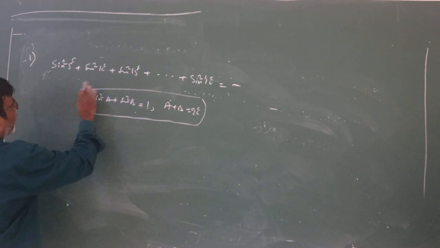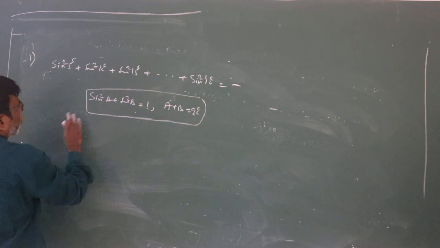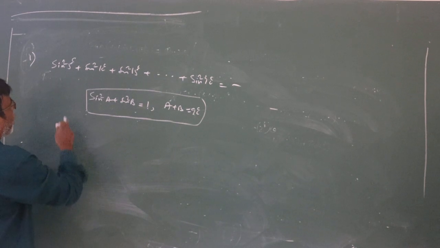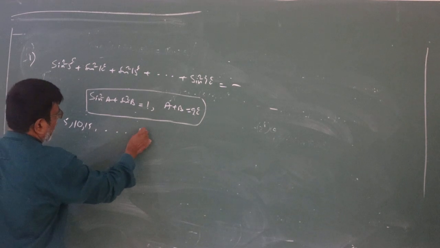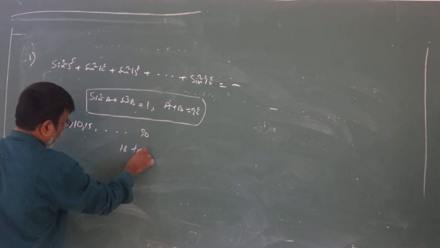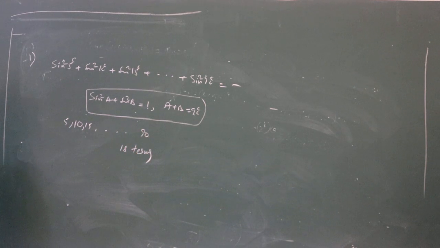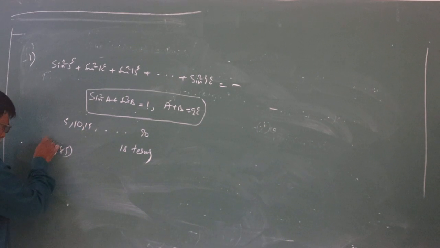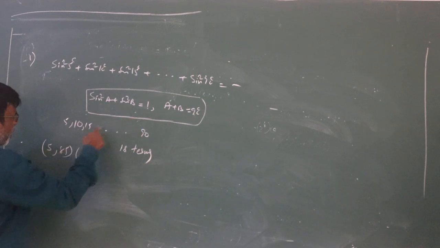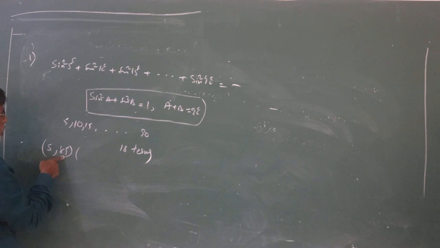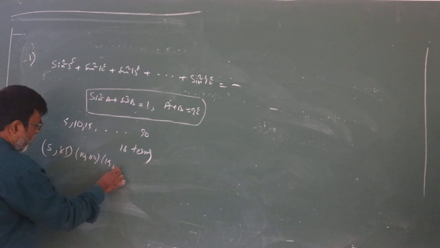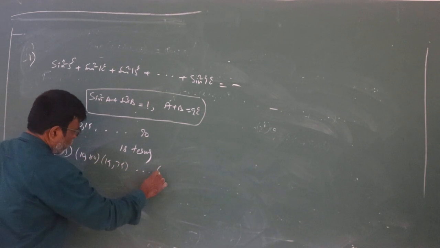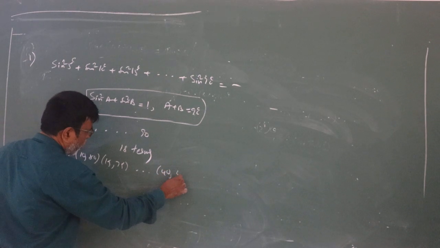So how many terms are there? 5, 10, 15, up to 90. 18 terms are there. In 18 terms, 5 and 85 in one bracket, because the sum must be 90 degrees. Then 10 and 80, then 15 and 75, and so on, up to 40 and 50.